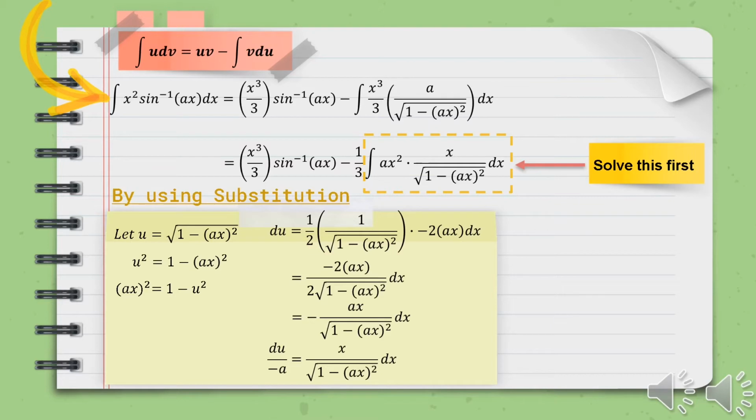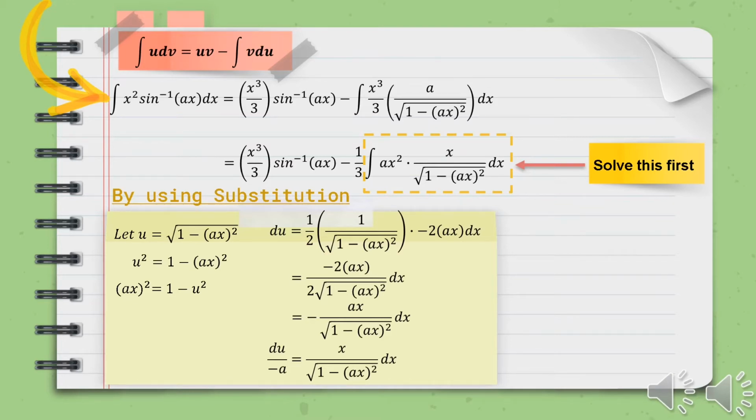By using substitution, we let u equal to square root of 1 minus ax squared. Then we get u squared equal to 1 minus ax squared, so ax squared equals 1 minus u squared. Then du equals 1 over 2 times 1 over square root of 1 minus ax squared times negative 2ax dx.